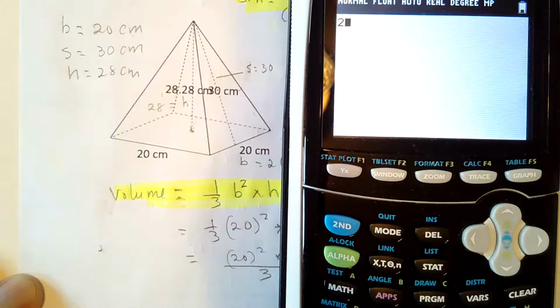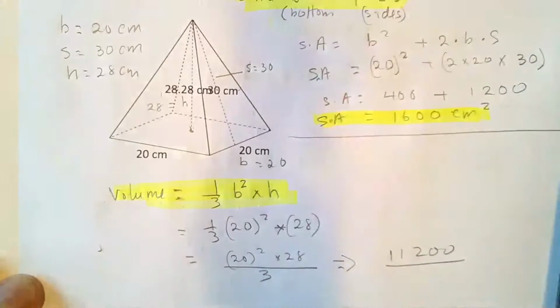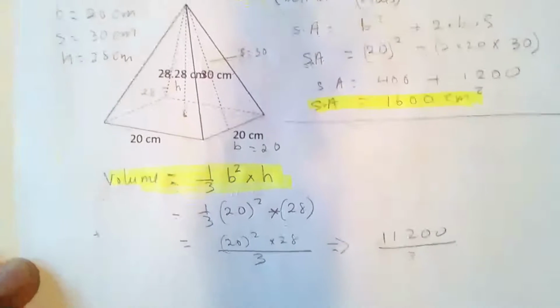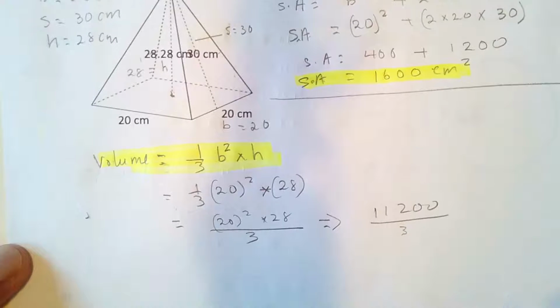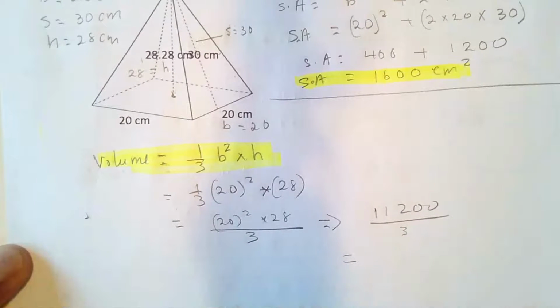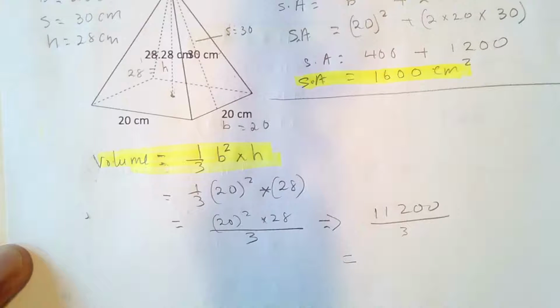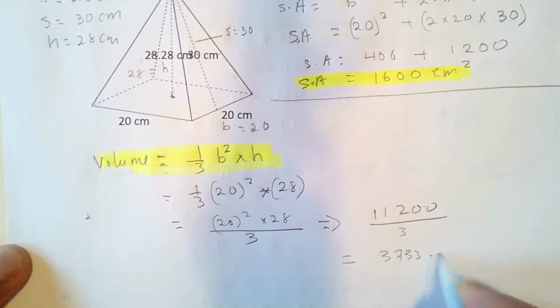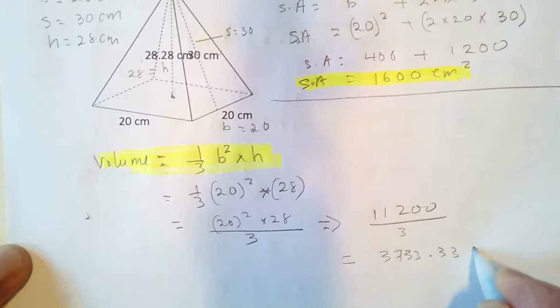So we have 20 squared multiplied by 28. 11,200. Okay, is that right? Divided by 3. And this will give me a result of 3733, and that will be in cubic centimeters.